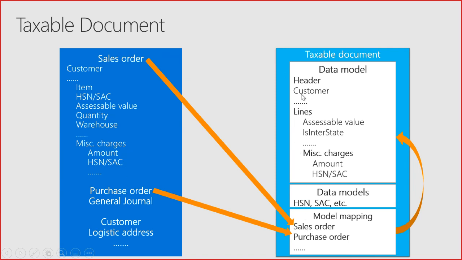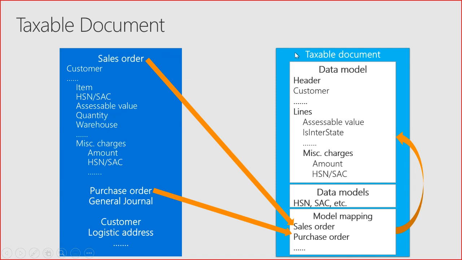So you can imagine there is some mapping between the sales order customer and the data model header customer, and also you have mapping for sales order line accessible value and data model lines accessible value. So this is a model mapping. And then we have several other data models, which we call reference models, which are used for tax setup. I will explain it in detail later.